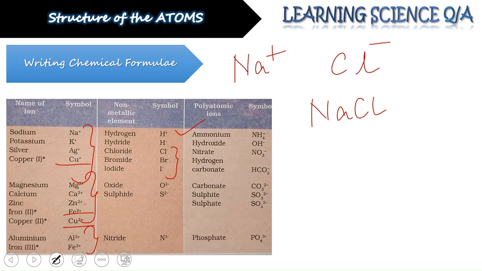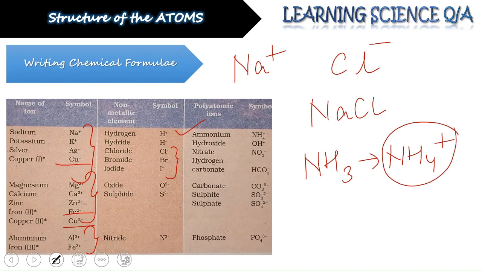We are also having some polyatomic ions. These are basically some molecular forms which are present as ions. Like we are having ammonia, which can be converted into NH4+ ion.